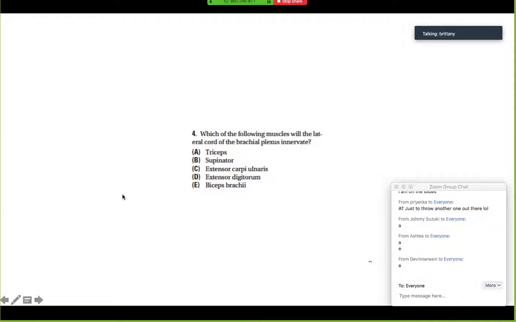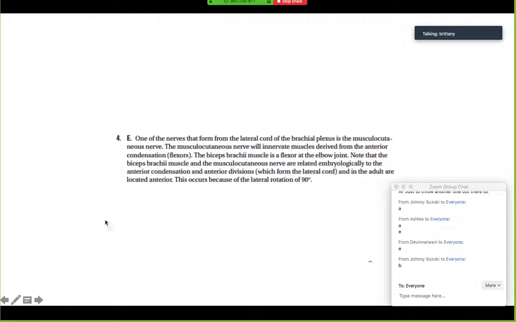I doubt he'll ask you a question that's strictly brachial plexus, but just to review, I guess. Okay, so the answer is E because of the musculocutaneous nerve.